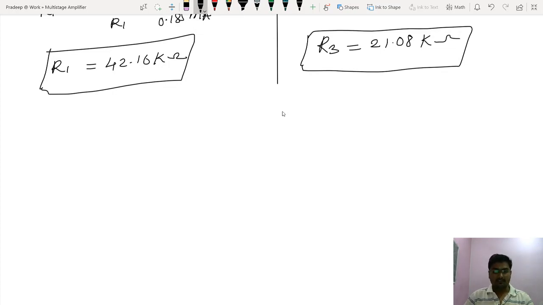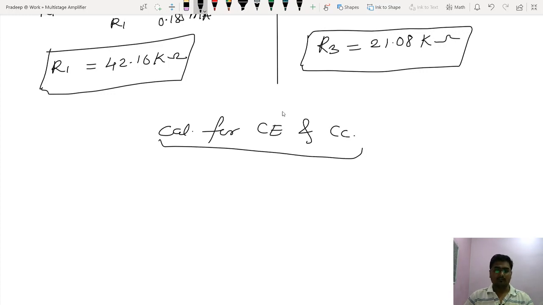So here I will write the calculation for CE, and see, the calculation of CC is so simple. First we will calculate the value of CE, the bypass capacitor. How can I calculate the bypass capacitor? You remember we have written a different equation, that is XCE is 0.65 multiplied by HIE divided by 1 plus HFE.